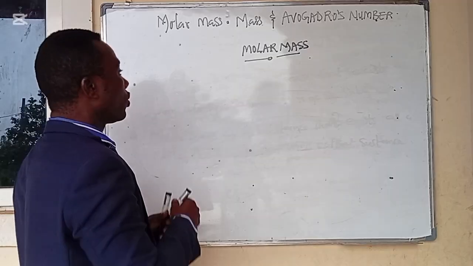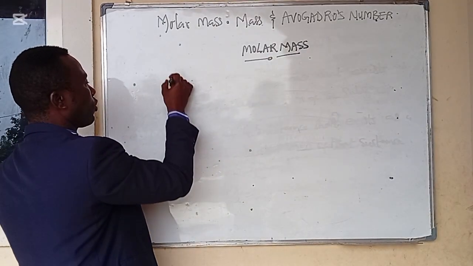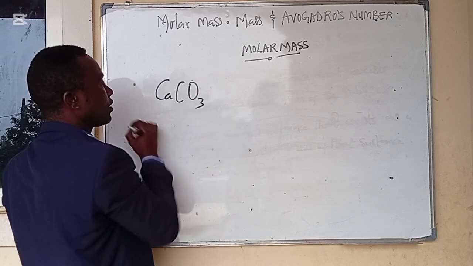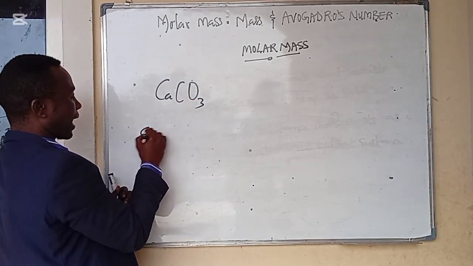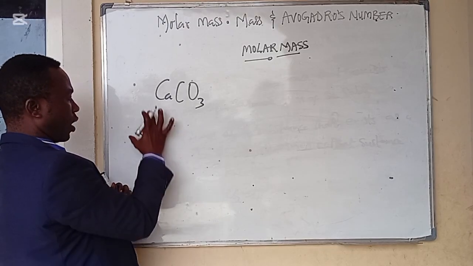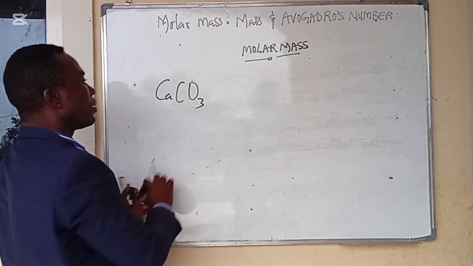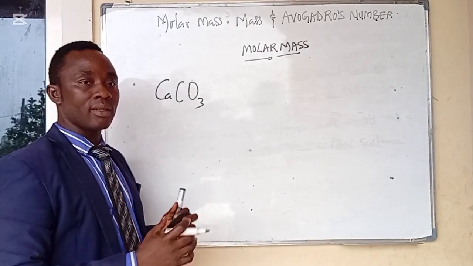If you look at CaCO3, it is made up of calcium atom, carbon atom, and oxygen atom. We sum all the molar masses of these atoms to give us the molar mass of the compound itself.